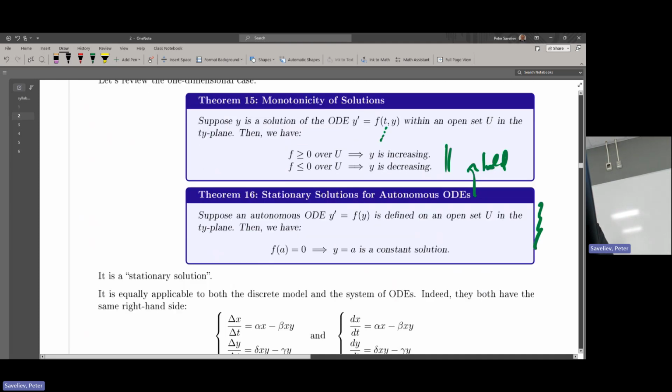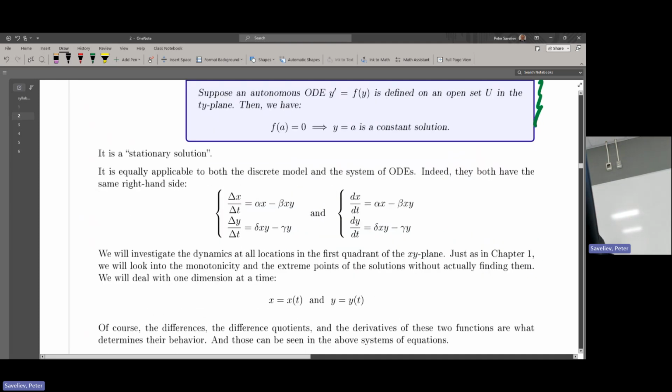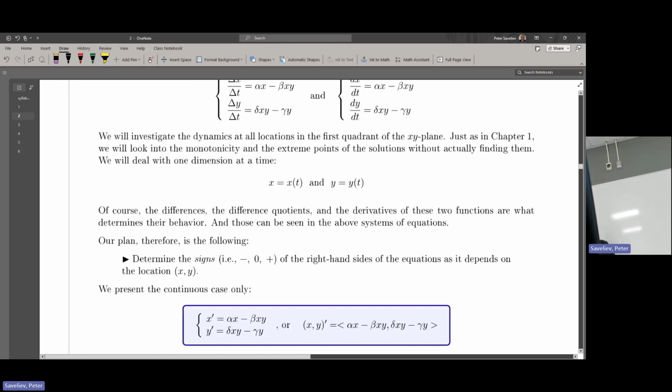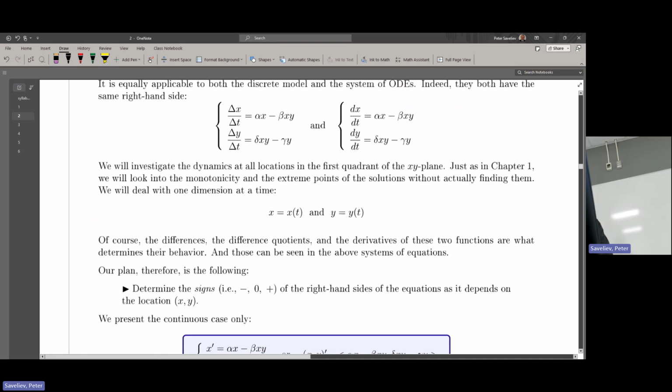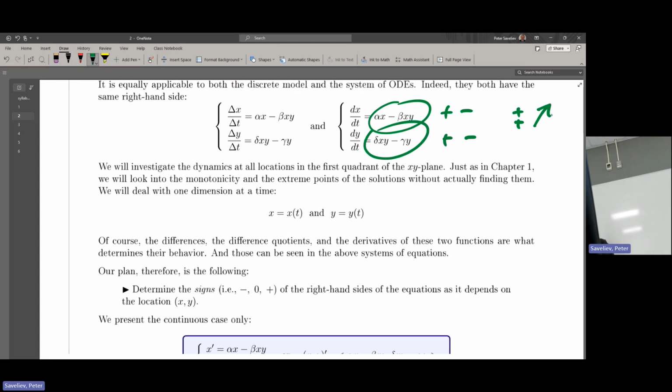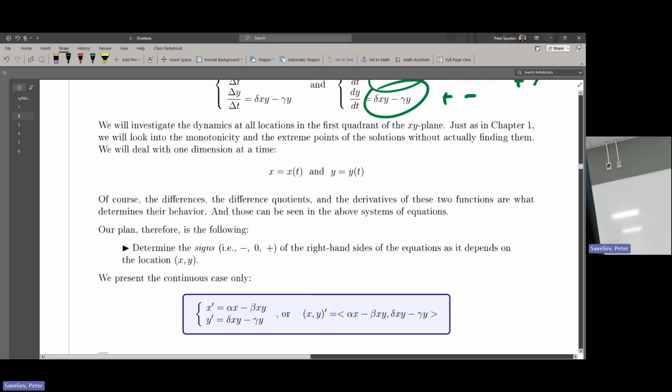We do sign analysis of our right-hand side functions, and they could be plus or minus, so there are four possibilities. For example, plus plus: x and y both increasing, so we're going in the direction of northeast.